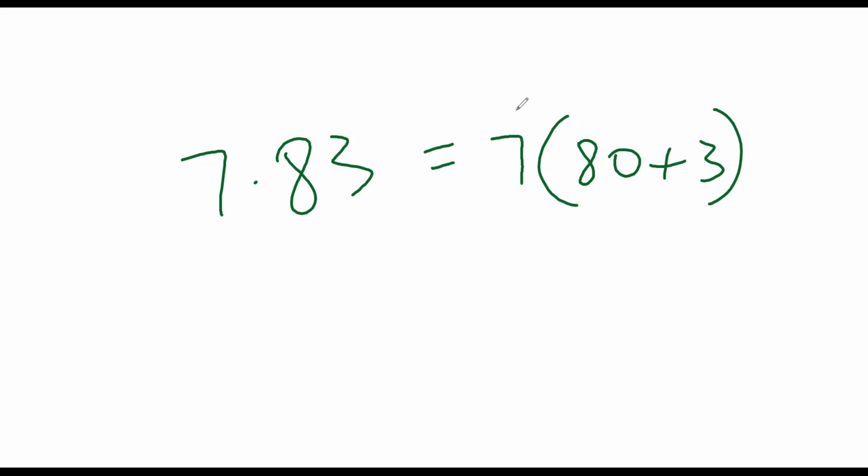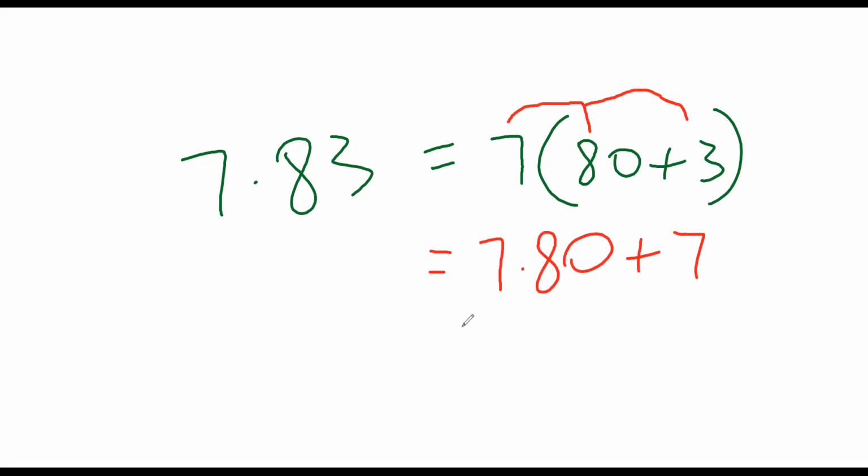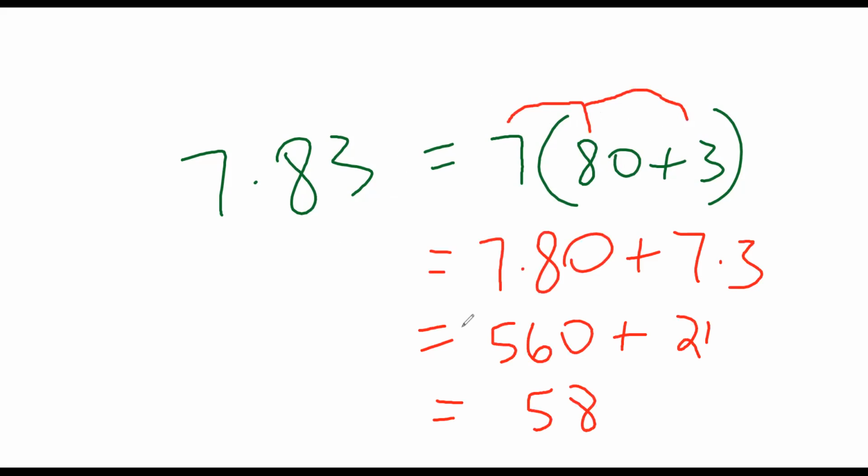But now the distributive property lets me do something like this. I can call that 7 times 80 plus 7 times 3. Well, 7 times 8 is 56, so 7 times 80 must be 560. 7 times 3 is 21. So we're going to end up with 581.